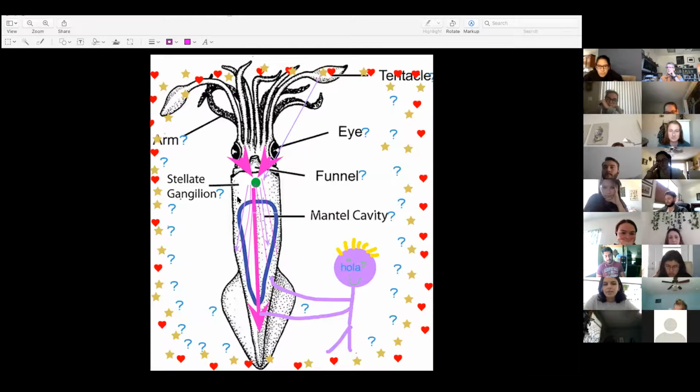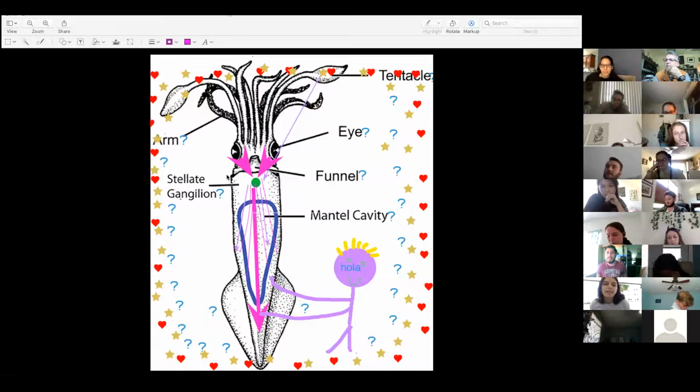Okay, so what's going on in the stellate ganglion? Is that where the action potential is initiated? I don't know. You haven't told me yet. That is where the action potential is initiated. So then what's going on in the eye? I guess it started there if it senses some outside information.